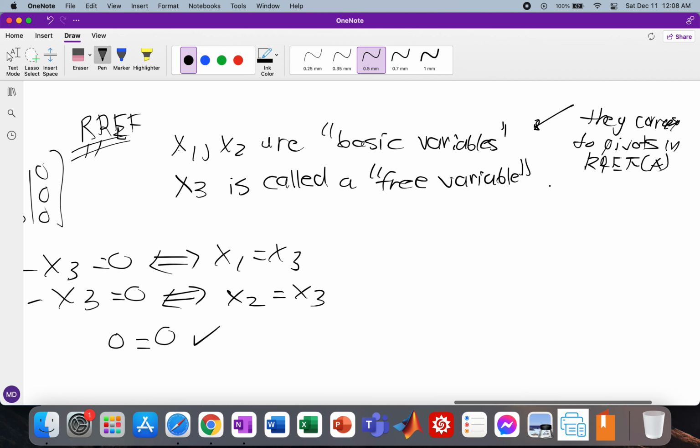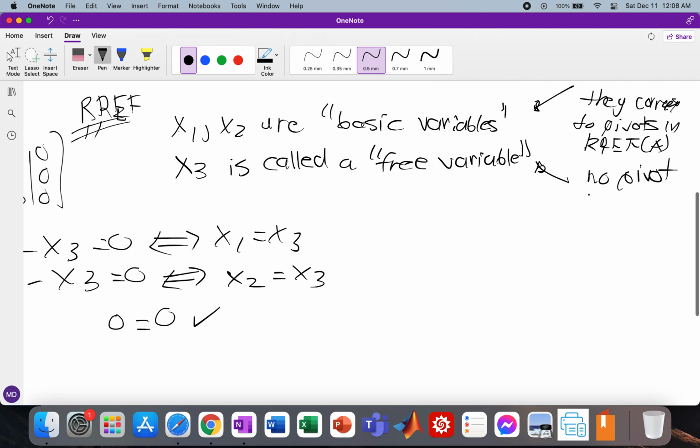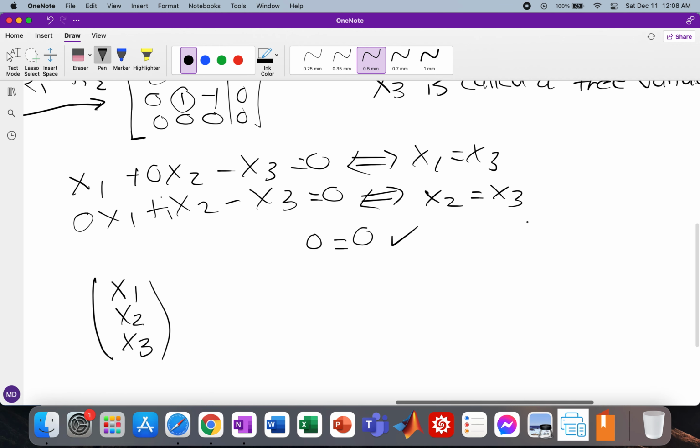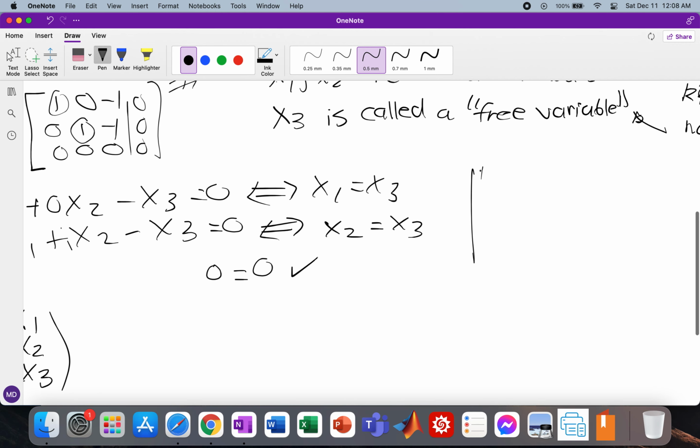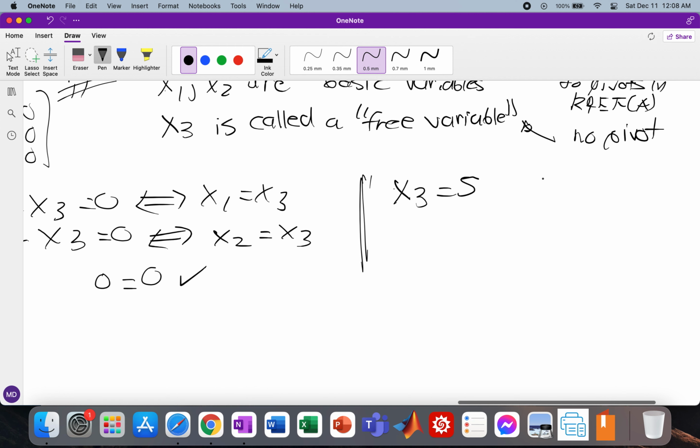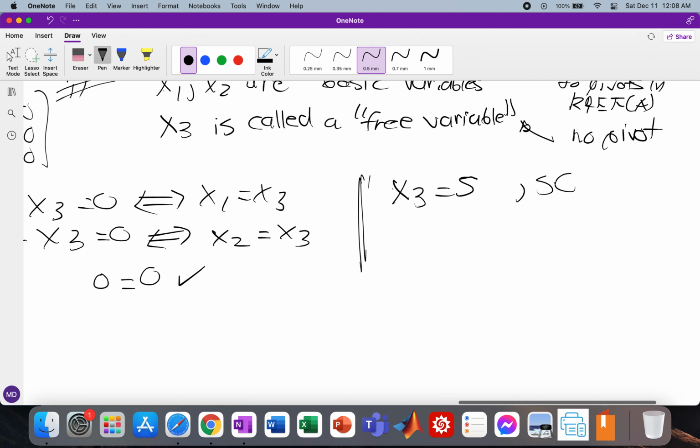So since x3 is a free variable, let's say x3 is equal to s, where s is a scalar. S is just a real number. So s is our free variable, and we're saying x3 is equal to some scalar s.